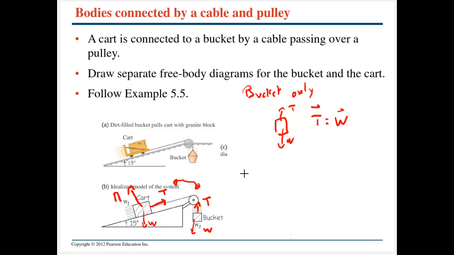And if I can then use this tension, apply that in the cart's reference frame where I shift my XY axis perhaps, I can solve for the weight of the cart, say if these are being balanced. Better make that a 2 and a 1.